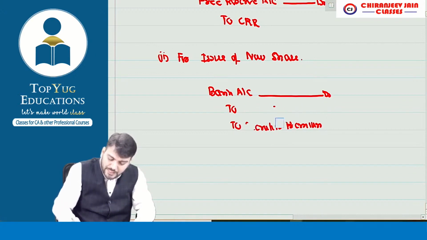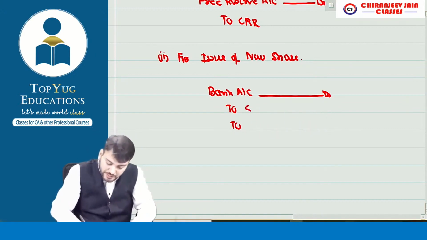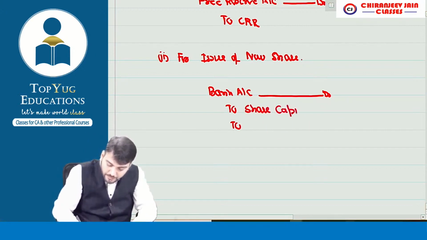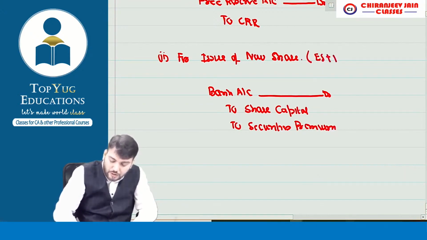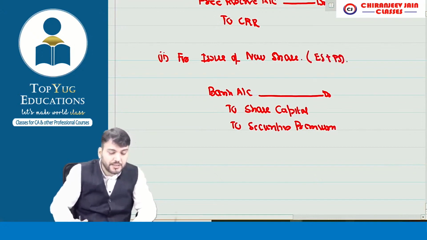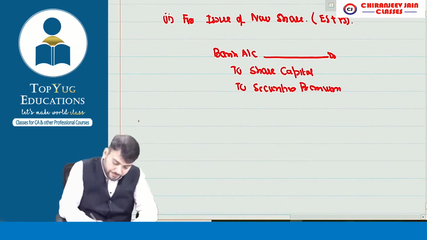Better I am writing share capital so that it can be either equity shares or preference shares, correct? So to share capital, to securities premium if it is issued at premium. So it can be either equity shares or preference shares, correct? Understood?